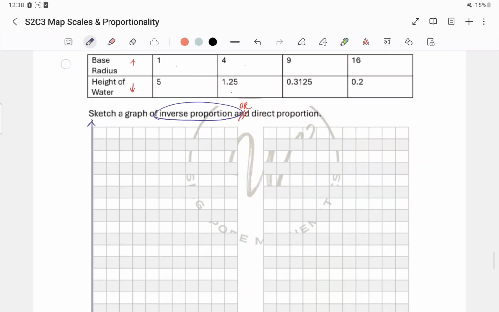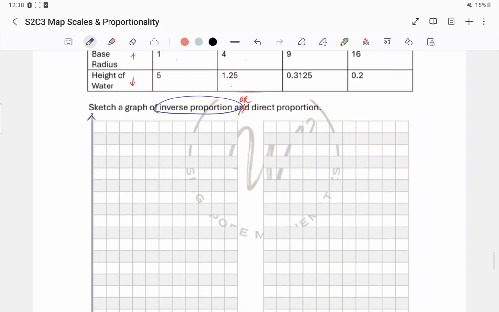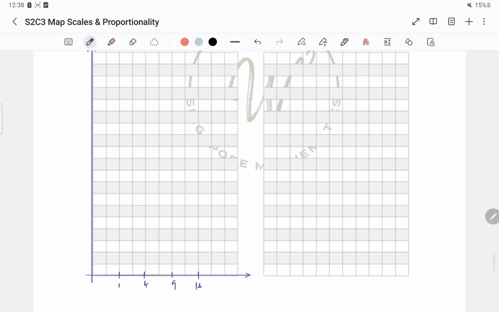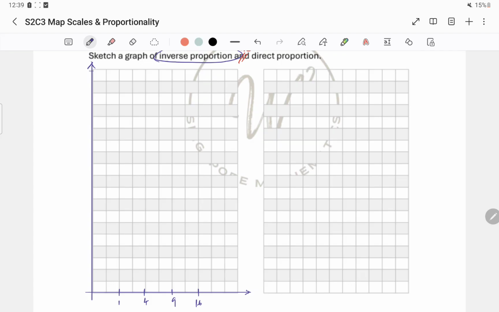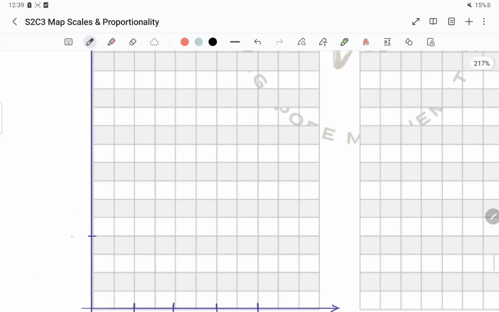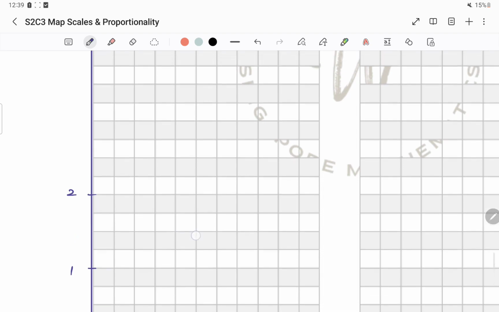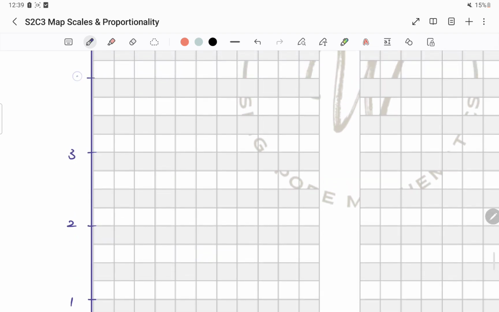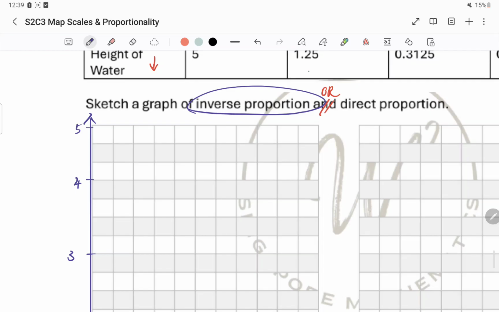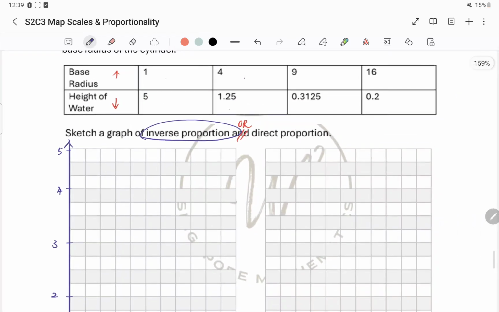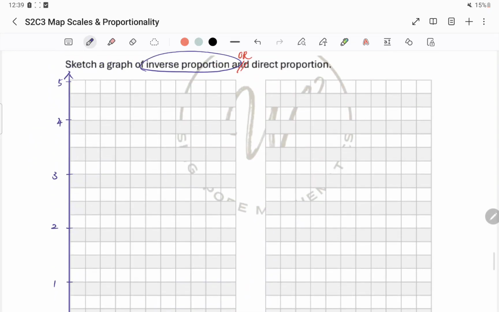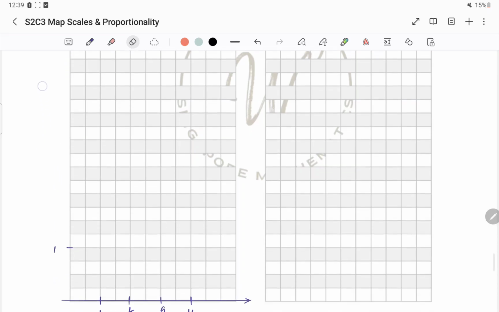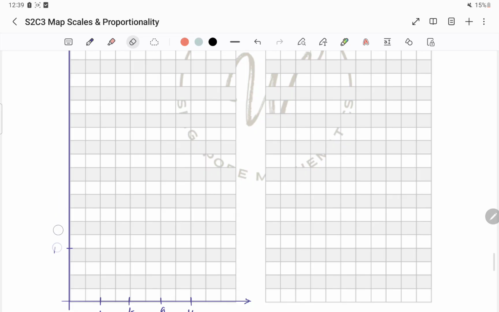So for here, I think the scale you can put it this way so that it's easier. 1, 2, 3, 4, and then the last one will be 5 here. Why are we not having enough space? 1, 2, 3.